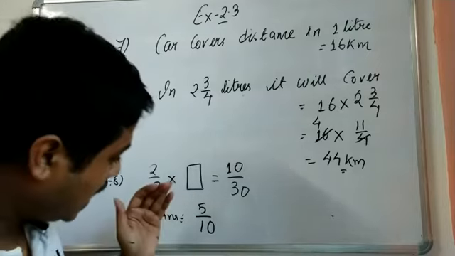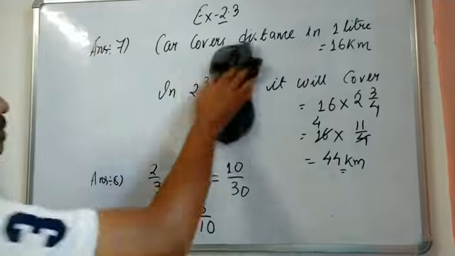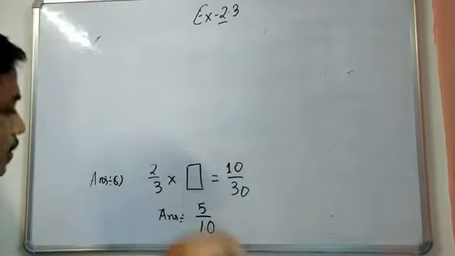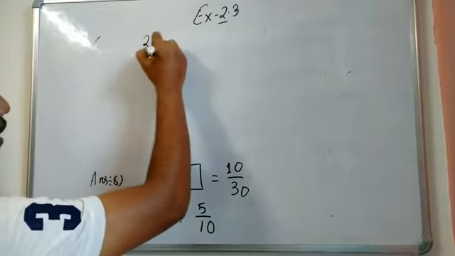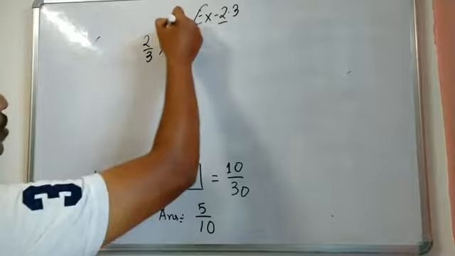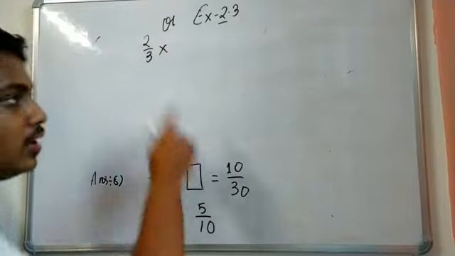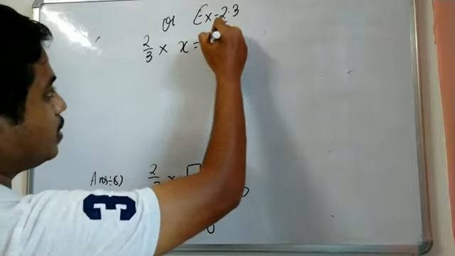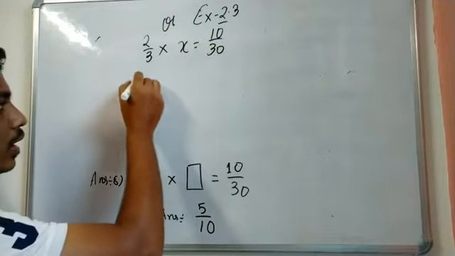Clear? I will show you one more way, by putting it as x: 2 by 3 into x equals 10 by 30. You can use either way.